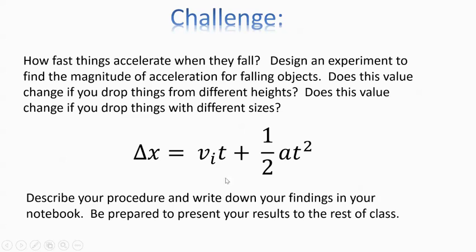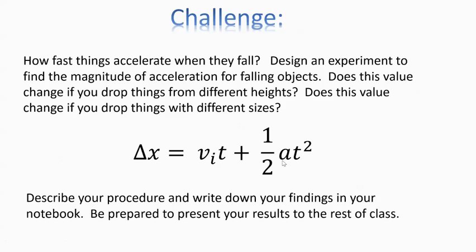Also, as long as you don't throw it, if you just drop it, then the Vi, the initial velocity, is 0, which means this term cancels out completely. So if you can find the height that you dropped it from and you know the time that it took to hit the ground, you can solve for a, the acceleration.